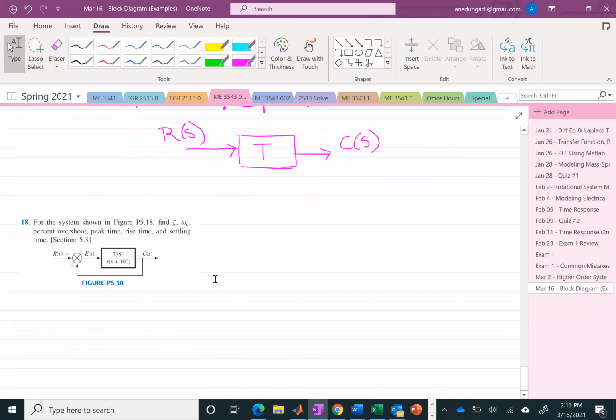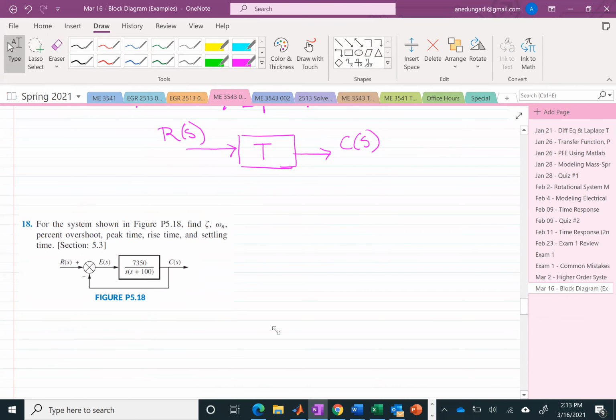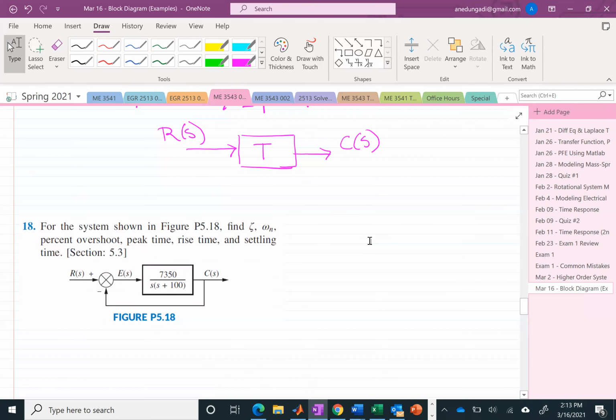Okay, and then the last homework problem is this one here. So for the system shown, find zeta and omega n for the output. In order to answer this, what do I need to do?